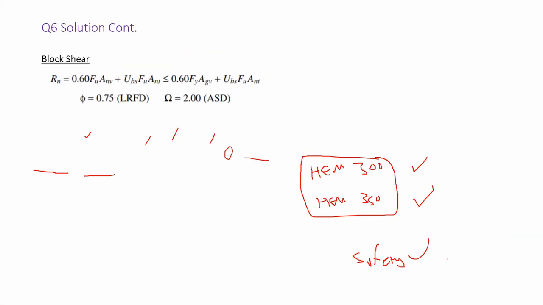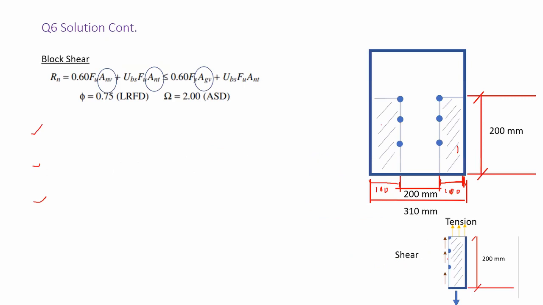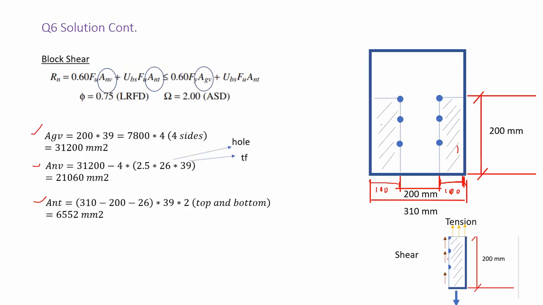The area for tension, okay. So for the area of tension, if you consider one side over here, I take that part and I have it in here. This is the part.